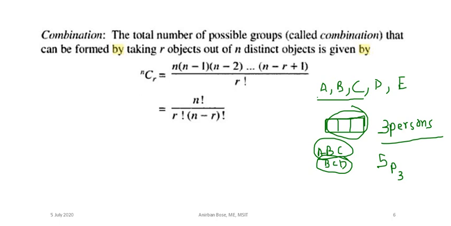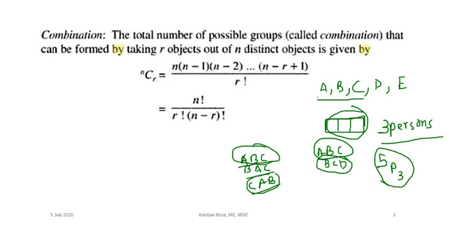But here, suppose you have selected ABC, and you are considering ABC and BAC as different words, different permutations, and CAB also a different arrangement, right? But when we are talking about a team, ABC, BAC, CAB are all the same team. So all these cases are not separate. They are the same case when selecting a group, because we are not arranging them. So among these 5P3, actually these cases are not different.